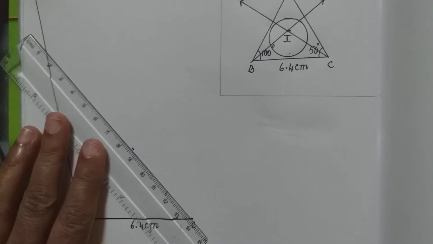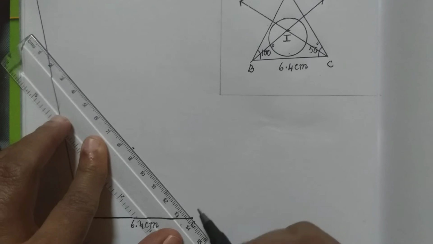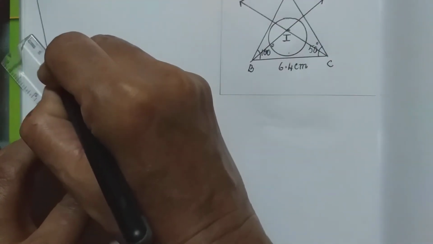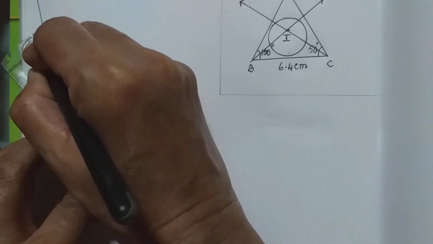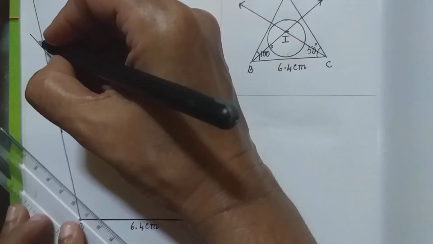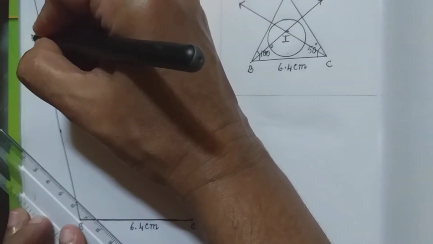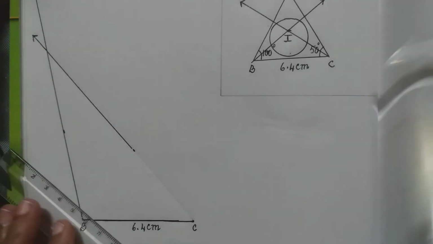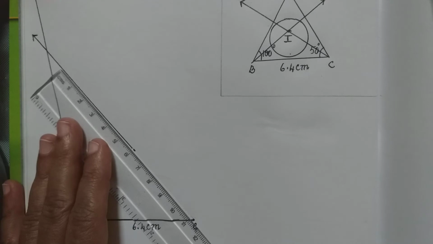So I keep it in line here and continue till it cuts the other ray. Now here I will mark an arrow mark as I have marked in the previous case. Now this line is not complete, so we complete it.